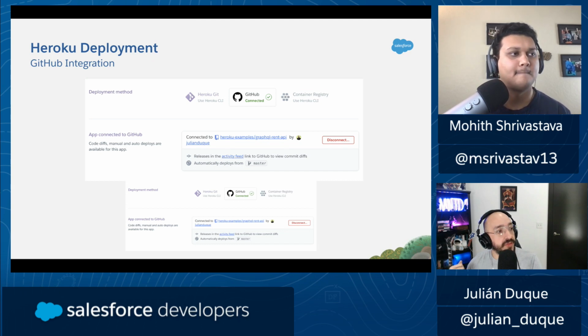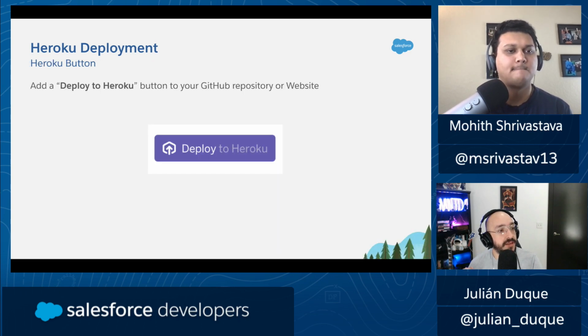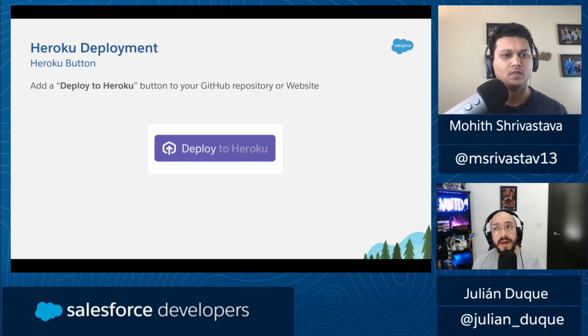Also, on the next slide, there is a very simple way to deploy an application, and it is mostly used when you want to have some sort of preview of your application for users, or you want to have a self-replicating application. So you can create a deploy button. This deploy button is very popular in certain GitHub repositories where you have an application that you want other people to deploy.